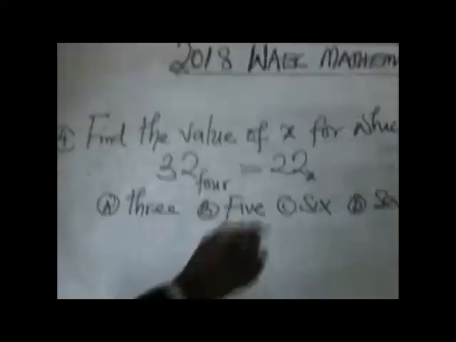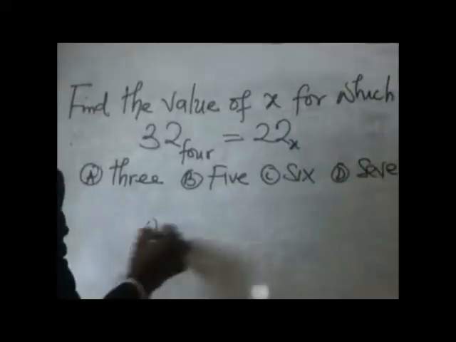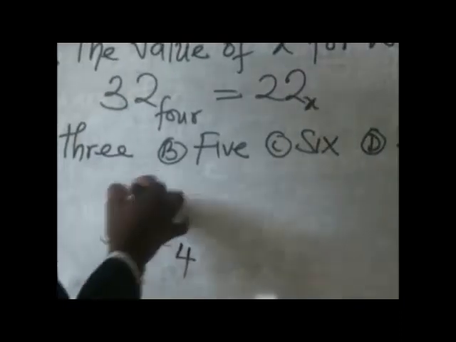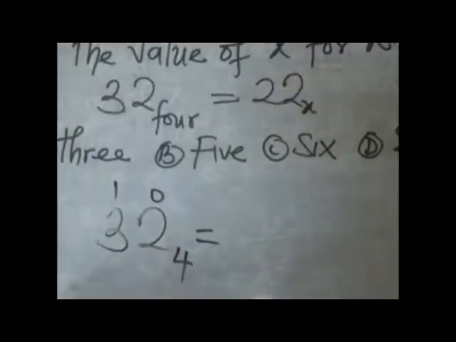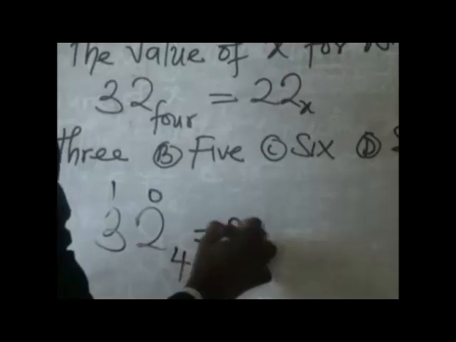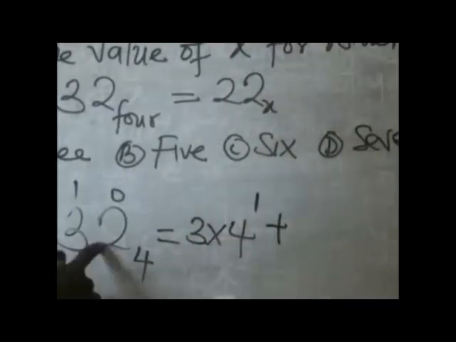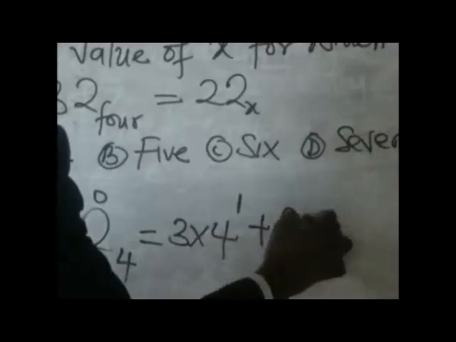32 base 4 will convert to base 10. You know how to do it. You do 3 times 4 raised to power 1, plus 2 times 4 raised to power 0. Are you following?